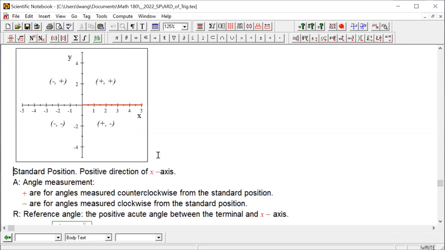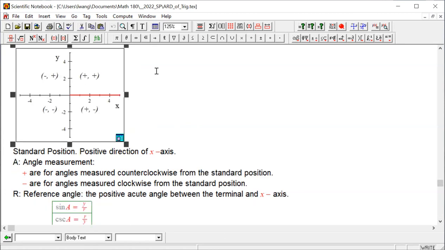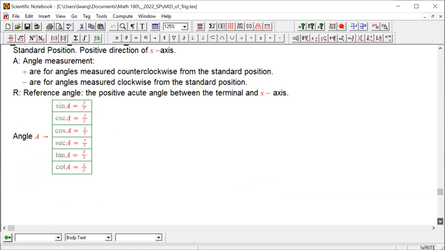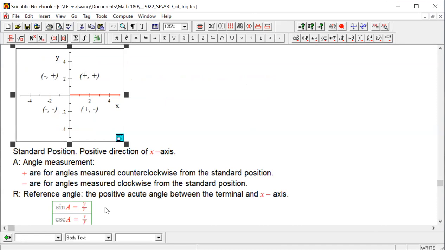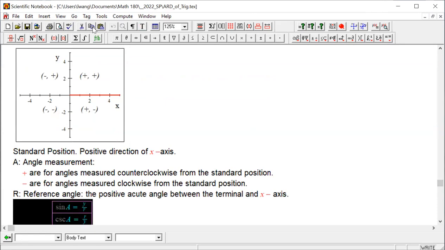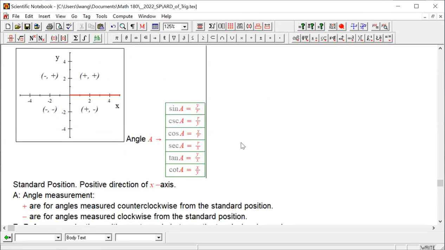In the standard position, we measure angles. If angles end up in different quadrants, sine is positive, positive, negative, negative, because sine is what? Sine is y over r. So I'm going to put this function definition right here.